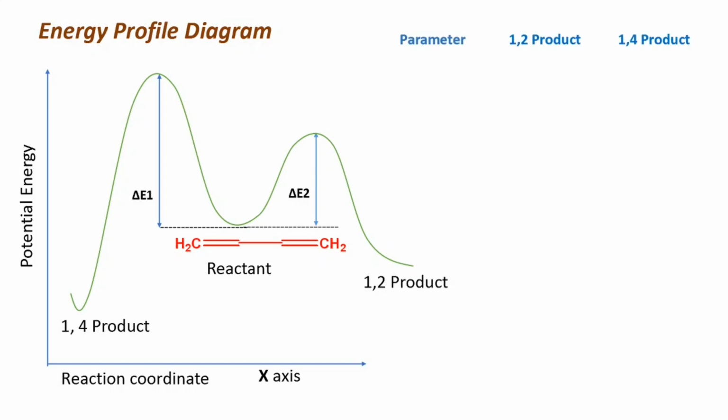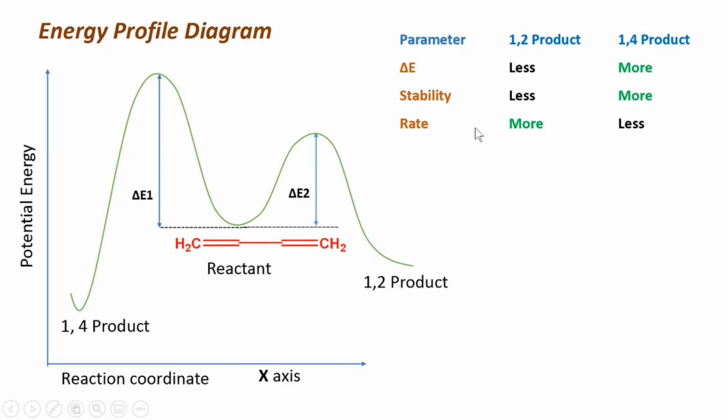Now we will discuss the parameters of the 1,2 addition product and the 1,4 addition product, in which first is activation energy. For the formation of the 1,4 product, the energy required is more as compared to the 1,2 product. Next is stability. The 1,4 product is more stable as compared to the 1,2 product.